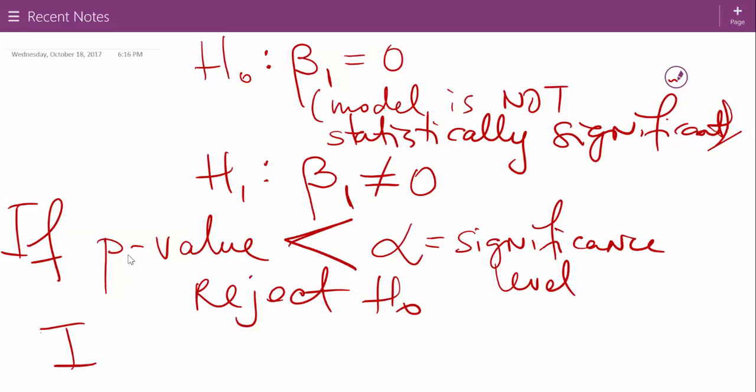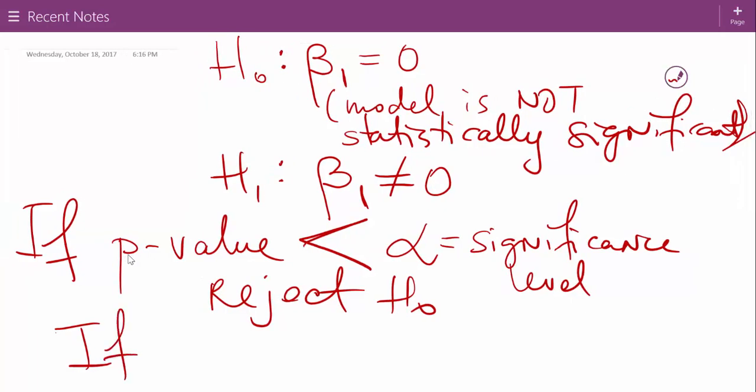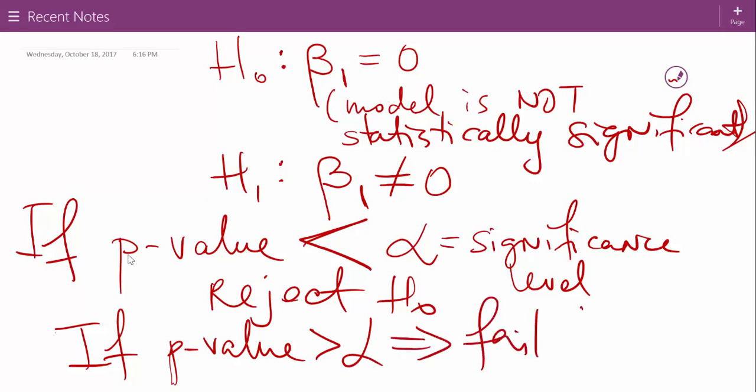And if p-value is greater than alpha, I fail to reject the null hypothesis, okay? So that's kind of a reminder of what you should have learned about 2 years ago when you took statistics, right? That's how hypotheses are being tested.